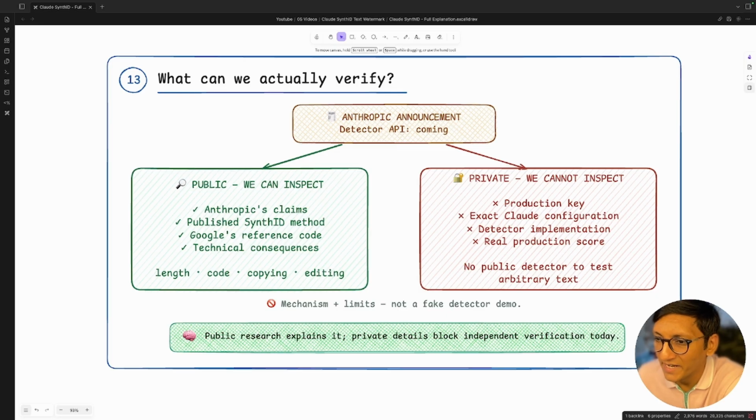Now, what we cannot independently verify or inspect is the production watermarking key that has been used, the exact Claude production configuration, the detector's actual implementation, or the real threshold that decides whether Claude might have been used. So this video is about the mechanism of the watermarking and its limits. This is not a fake detector demo.